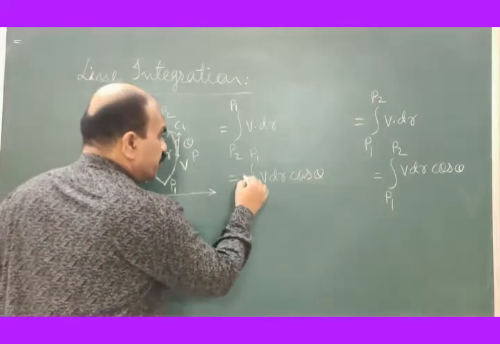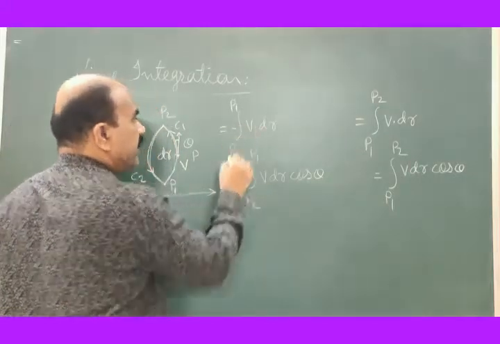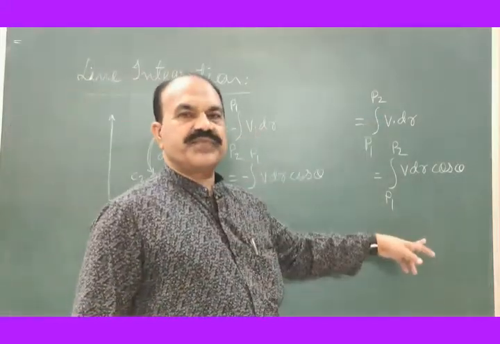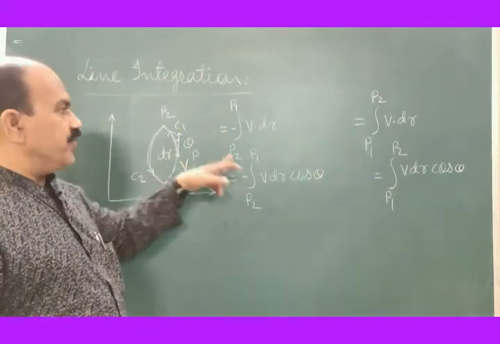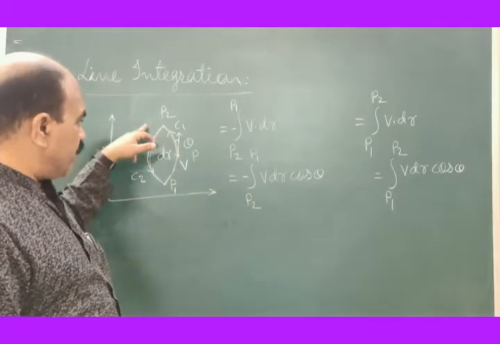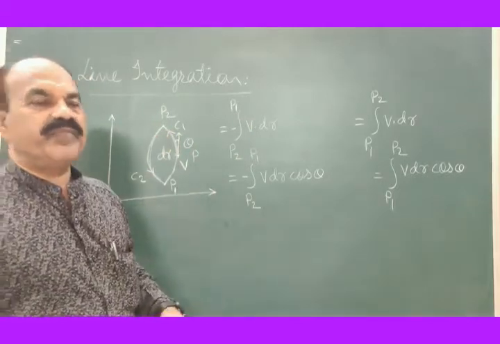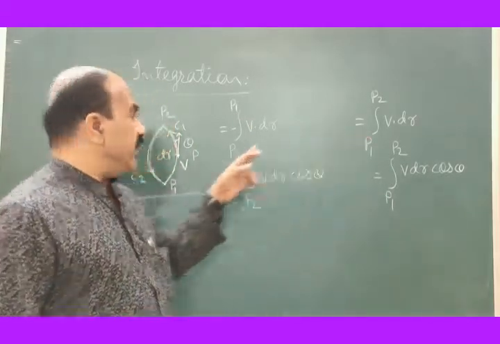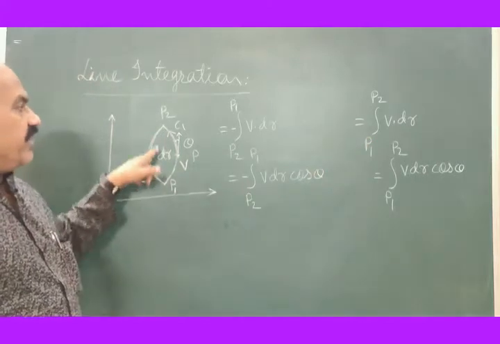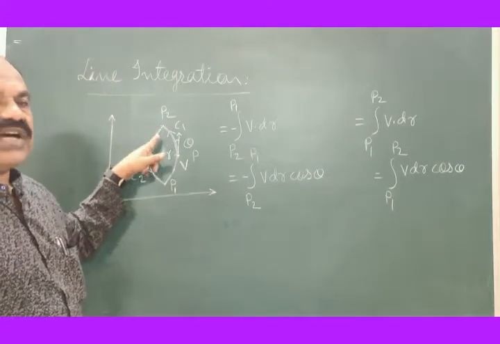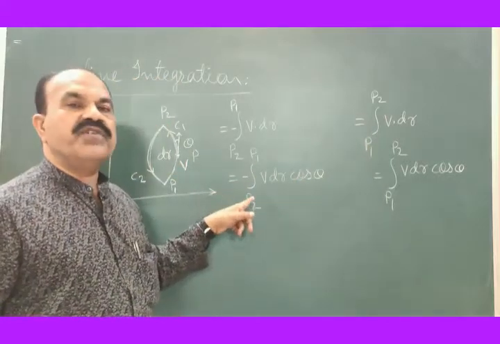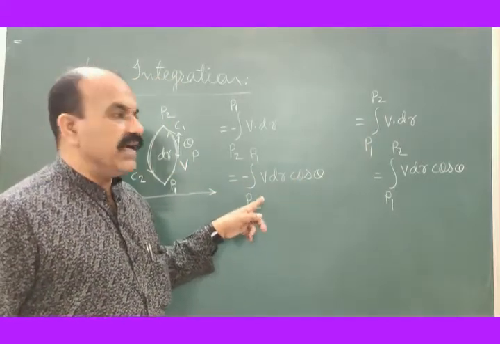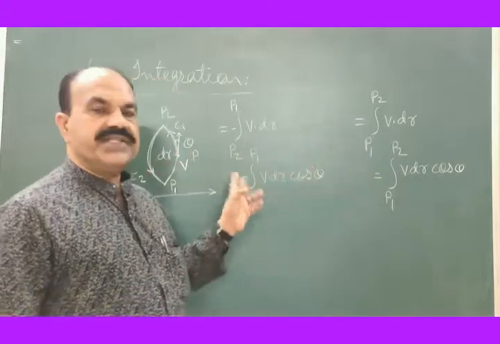So, this should come with a minus sign with reference to this. Here the direction is from P1 to P2. In this case the direction is from P2 to P1. If we compare, the endpoints are the same: P1, P2 are the endpoints for this curve and for this curve.